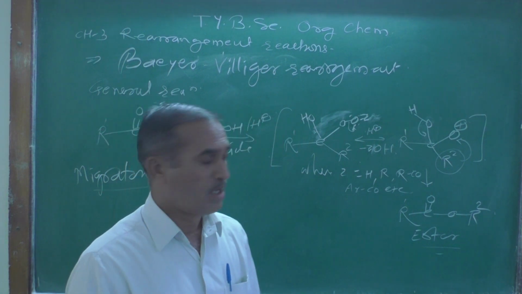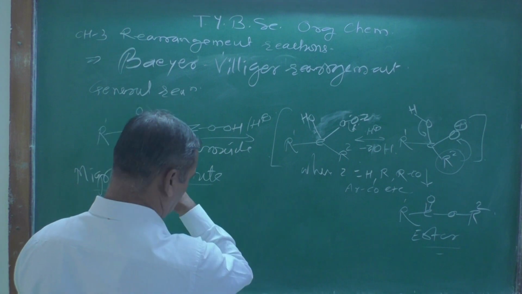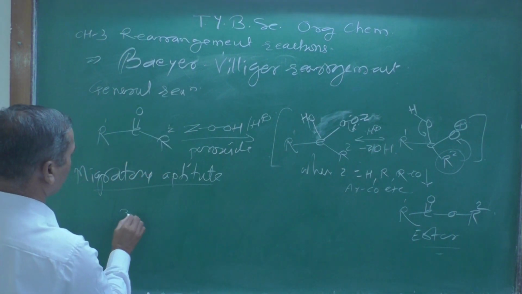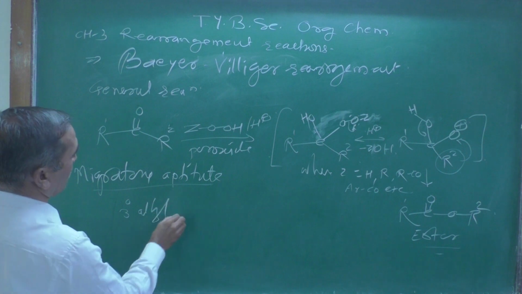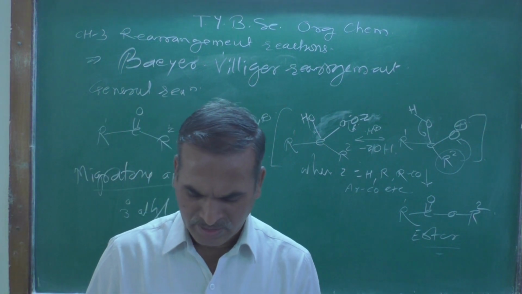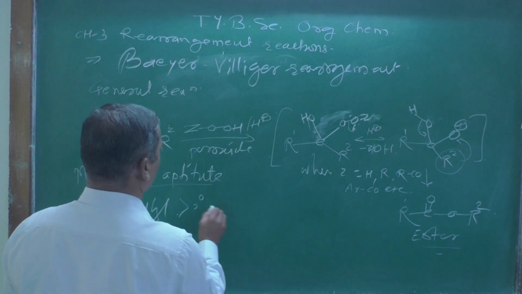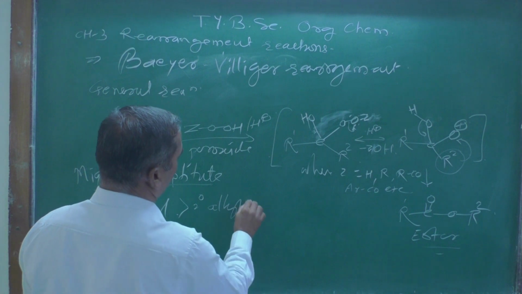There is a migratory aptitude order. Generally, a tertiary alkyl group migrates better than a secondary alkyl group.